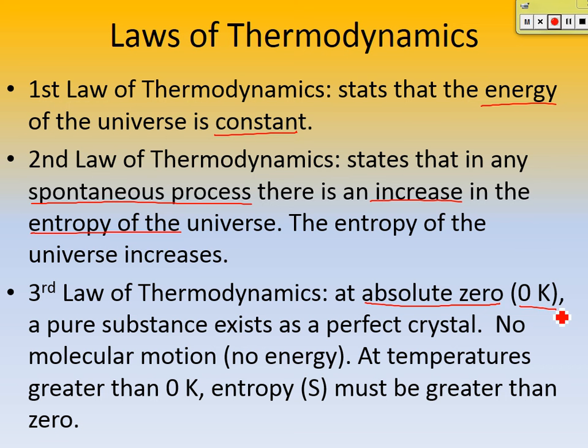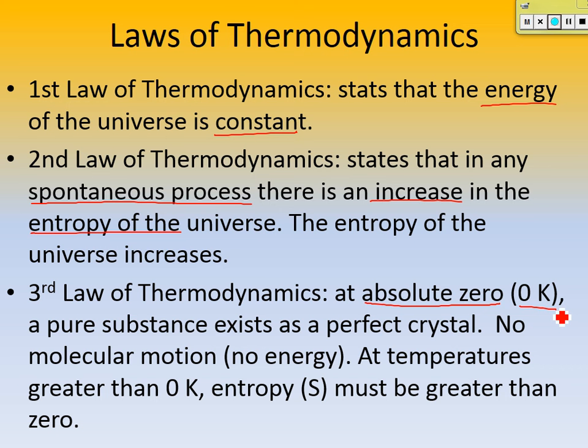It's too cold, molecules actually stop moving, so there's no energy. At temperatures greater than 0 Kelvin, entropy must be greater than 0. So if there's any heat energy at all, the molecules are going to move, and if they move, there's disorder. So entropy will be greater than 0.